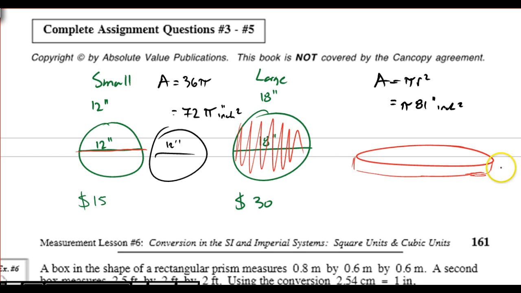Let's say that thickness is 1.5 inches. Now we're actually measuring the volume of the pizza, and when we take volume into account, the third dimension of this height, you're going to get an even better deal for the large one than the two smalls.